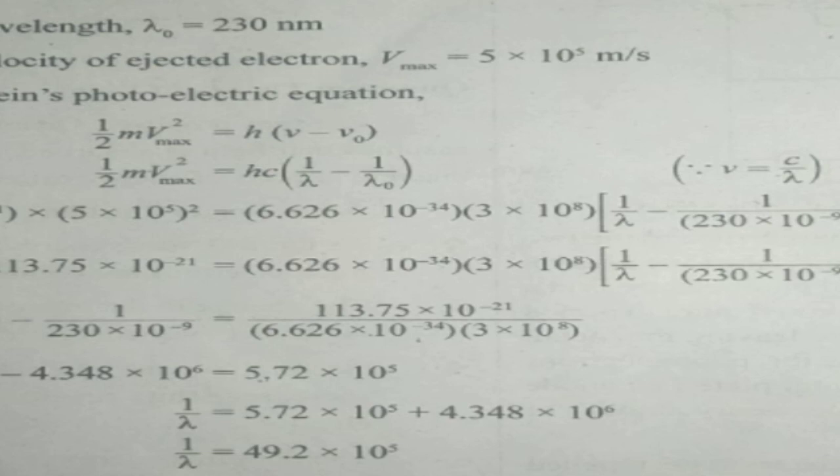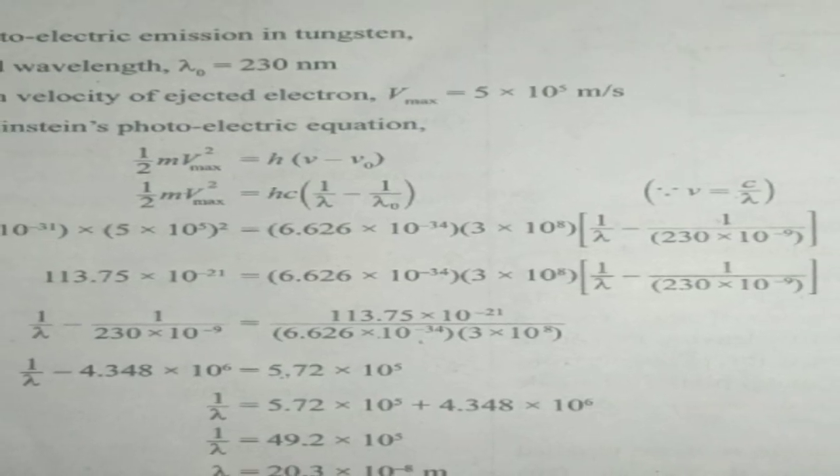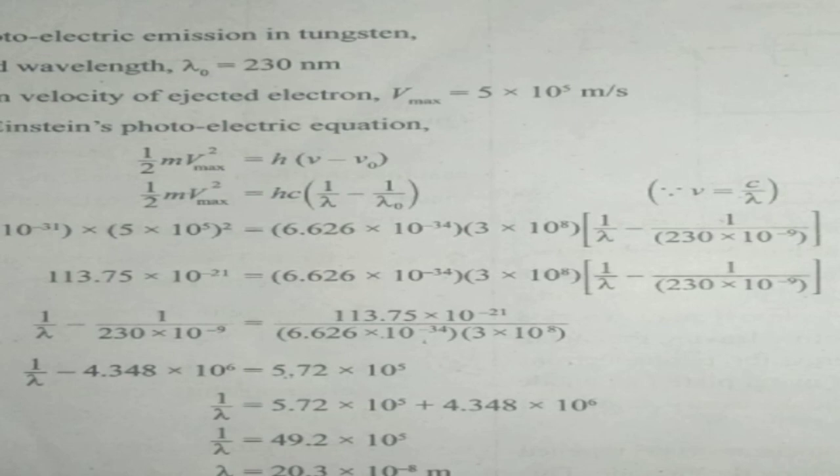1 by lambda minus 1 by 230 into 10 to the power of minus 9 is equal to 113.75 into 10 to the power of minus 21 divided by 6.626 into 10 to the power of minus 34 into 3 into 10 to the power of 8. Then in the next step we can see 1 by lambda minus 4.348 into 10 to the power of 6 is equal to 5.72 into 10 to the power of 5.